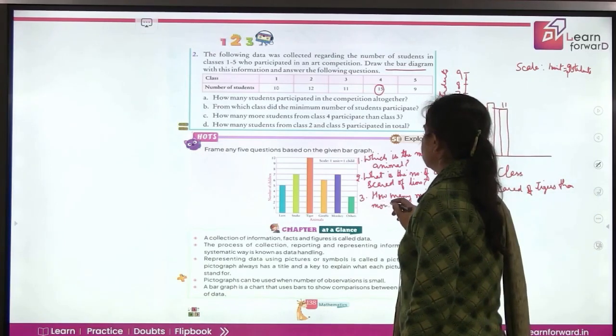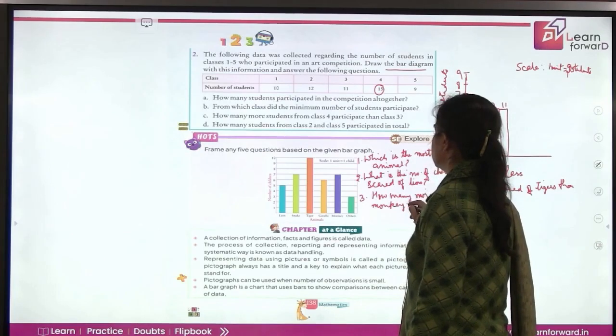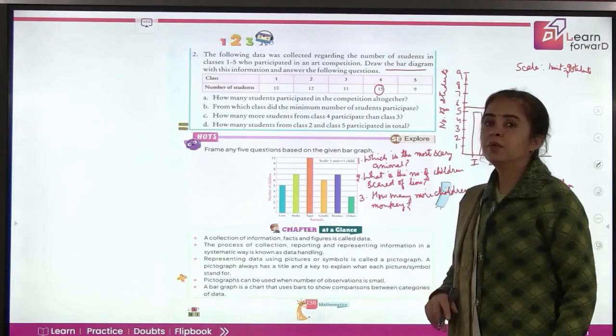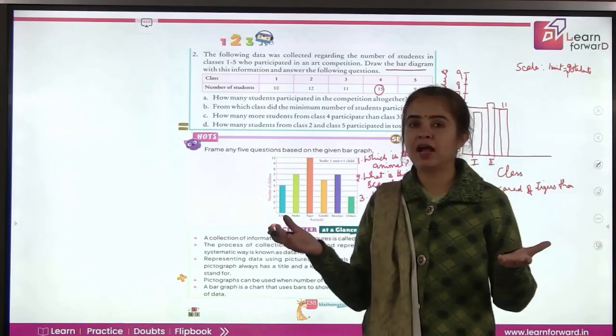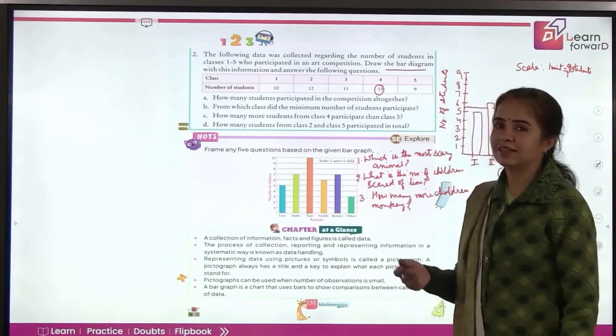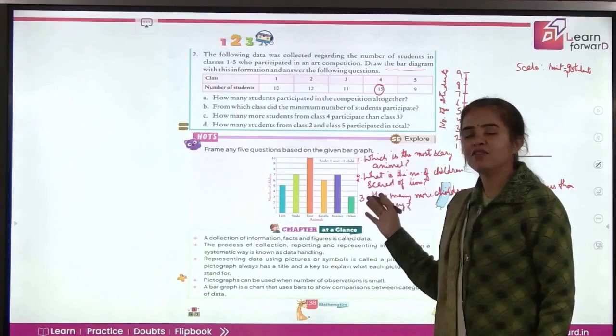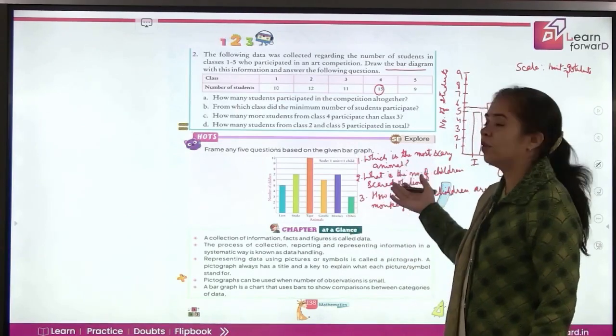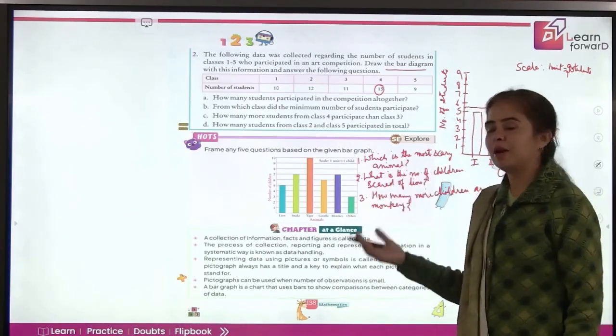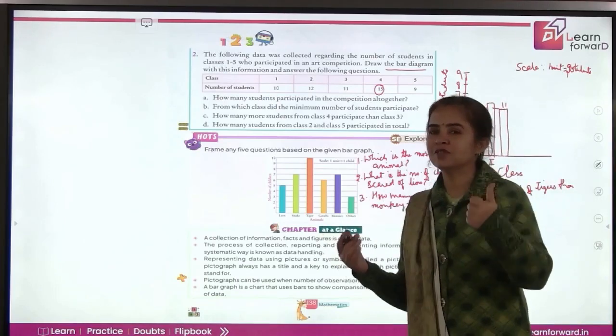You know why some of these children are scared of monkeys, not of tigers or lions? Because they know we'll never meet tiger or lion, but we may meet monkey anywhere in the city around, right? So we can frame more questions like this. You can talk about some number less than it, some number more than it. So frame 2 more questions from your side, children.